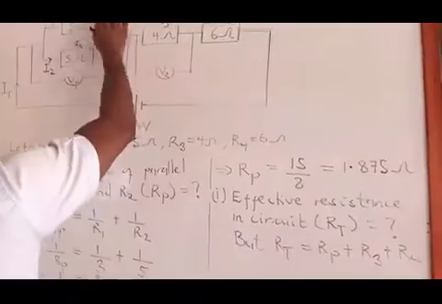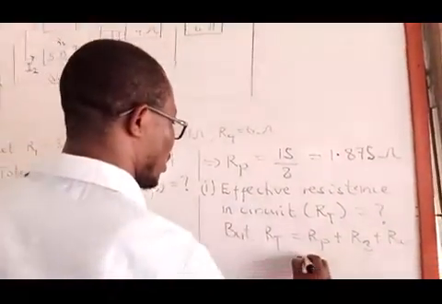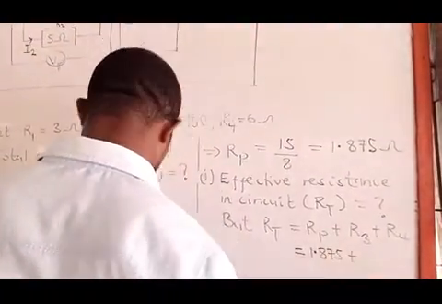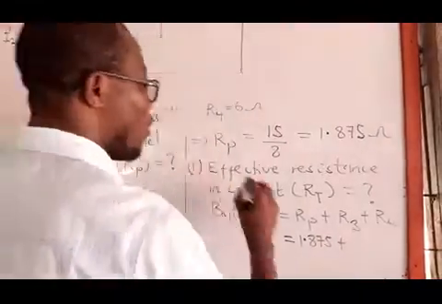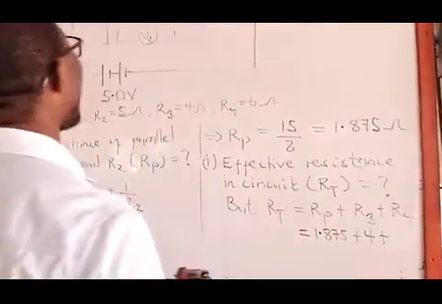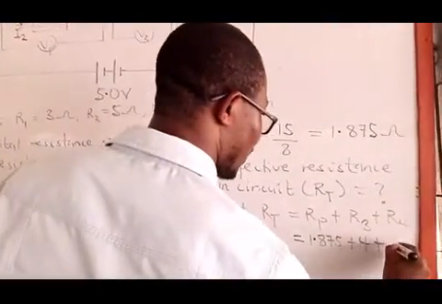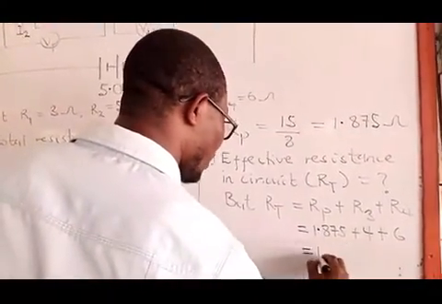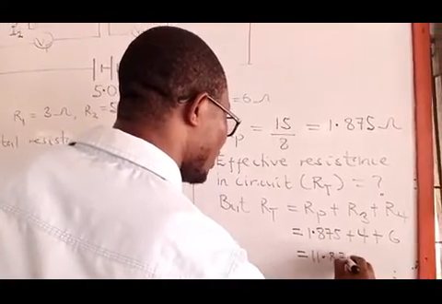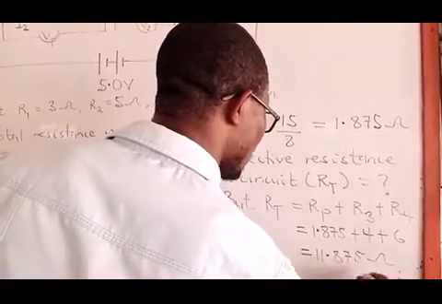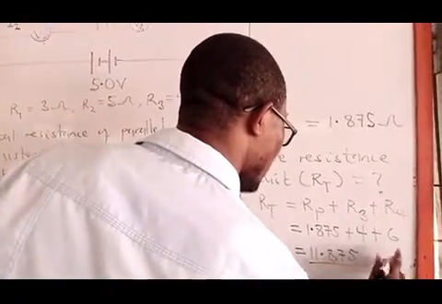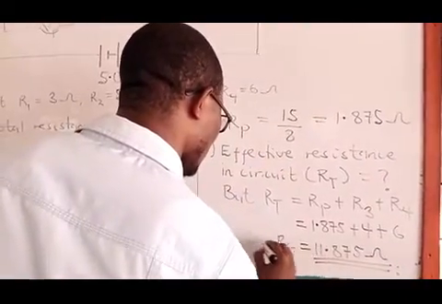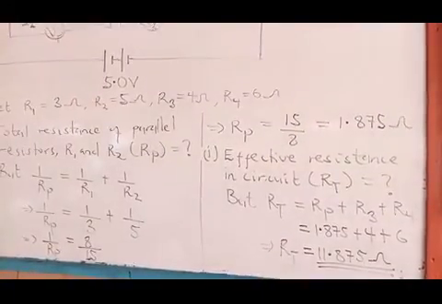Rp is 1.875 plus R3, which is 4, and then R4, which is 6. You add these, and that will give you 11.875 ohms. Okay, so that is the effective resistance in the circuit.